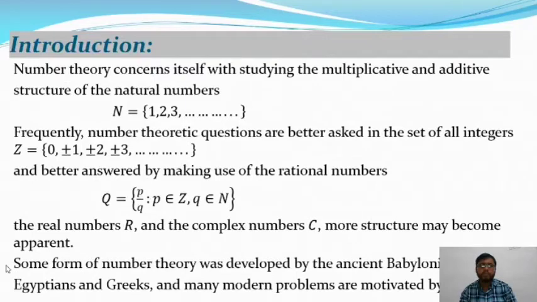Some of number theory was developed by the ancient Babylonians, Egyptians and Greeks. Many modern problems are motivated by their work.